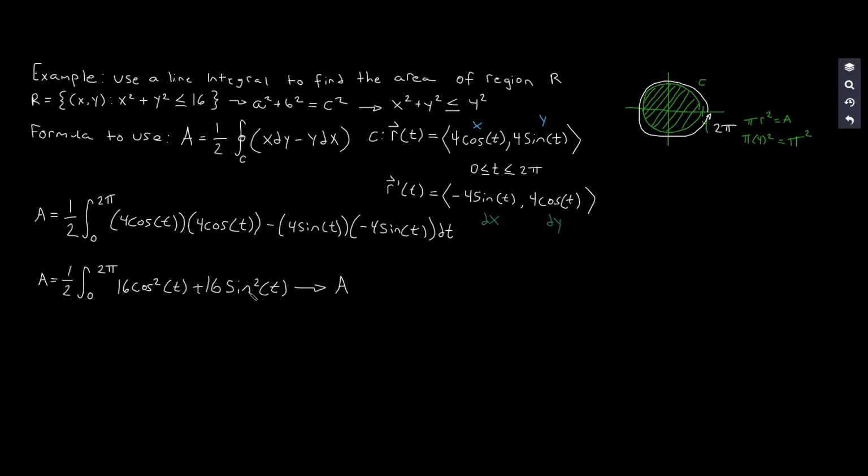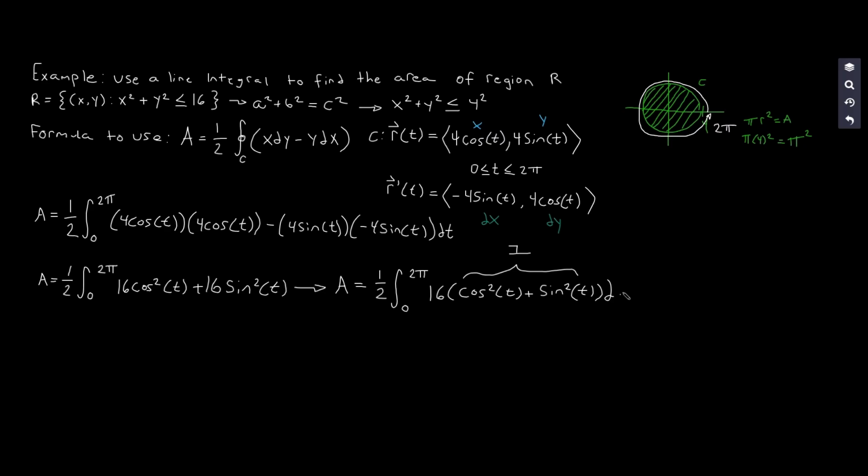Let me just do it like this. 1/2 times the integral from 0 to 2 pi of 16 times cosine squared of t plus sine squared of t, which is a Pythagorean identity. Thank you, Pythagoras. 1.